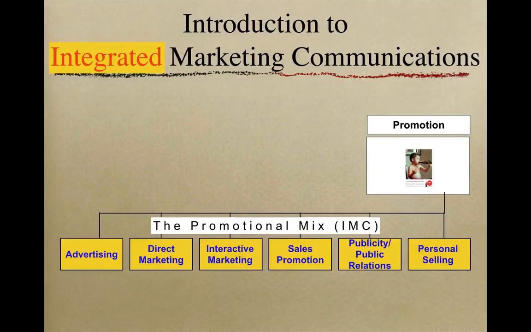It may seem crazy, but there are actually organizations where, for example, the advertising department is off doing its own thing, and the public relations department, a completely separate department, is taking care of its own goals, objectives, and strategies, but the 2 departments aren't coordinating or working together. The idea behind integrated marketing communications is to utilize more than one of the elements of the promotional mix and to do so in a coordinated fashion.